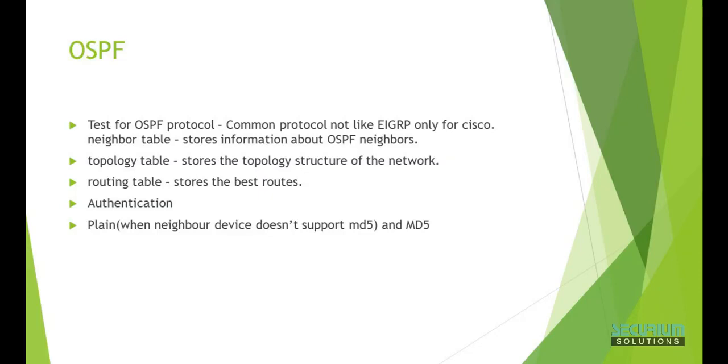That's where we use OSPF, and OSPF runs with various tables like the neighbor table, topology table, and routing table, that store OSPF neighbors, the topology structure of the network, and the best routes respectively. Okay, and it uses two types of authentication. One is plain text, and another one is MD5, where your router will automatically change from MD5 to plain text password when your neighbor router doesn't support MD5.